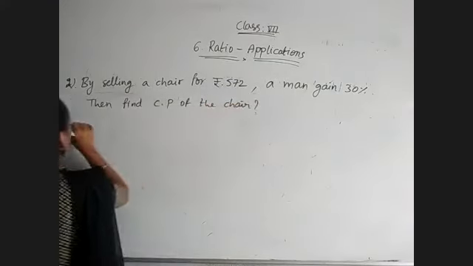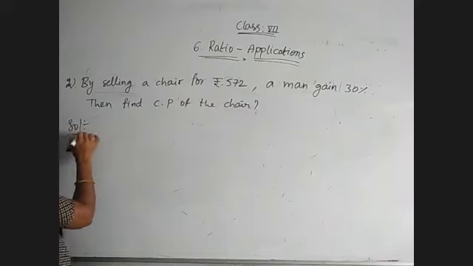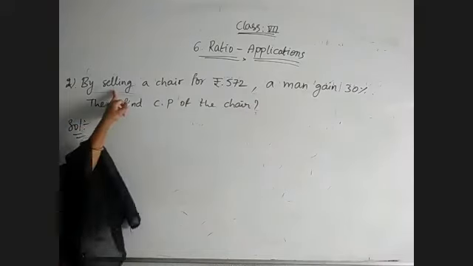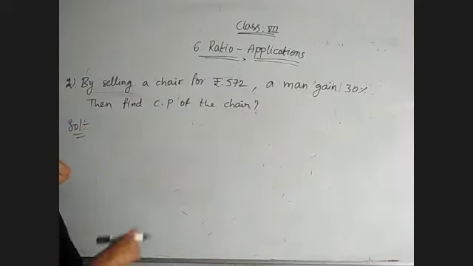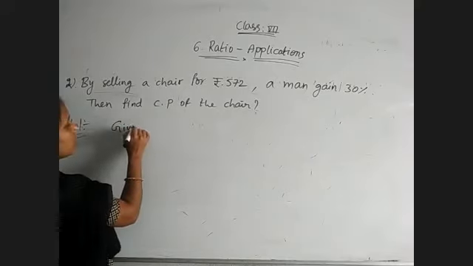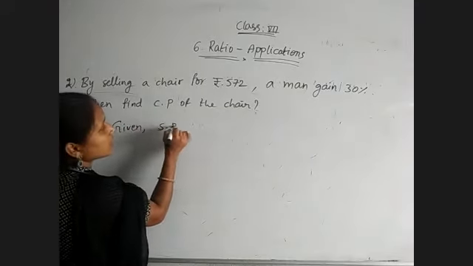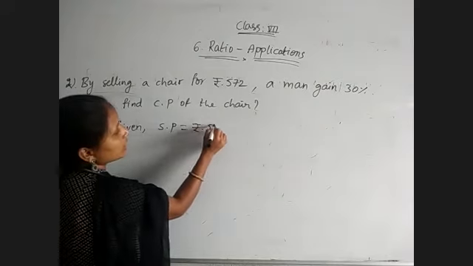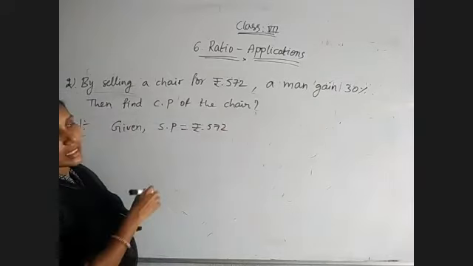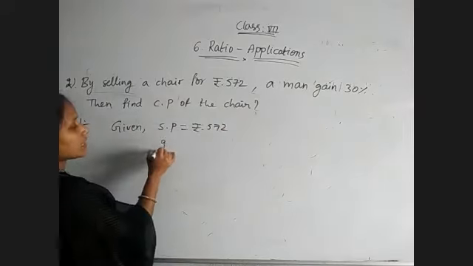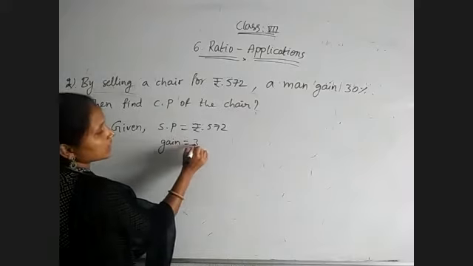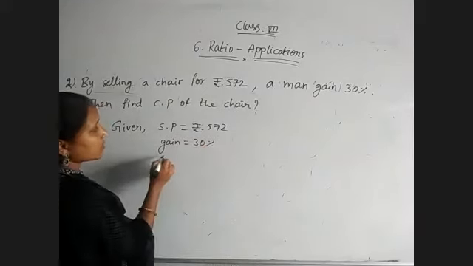So observe the given question. They are given selling price. Selling price is nothing but SP. So given SP of the share is equal to 572 rupees and gain 30%, means gain percentage is given. Asking for CP.